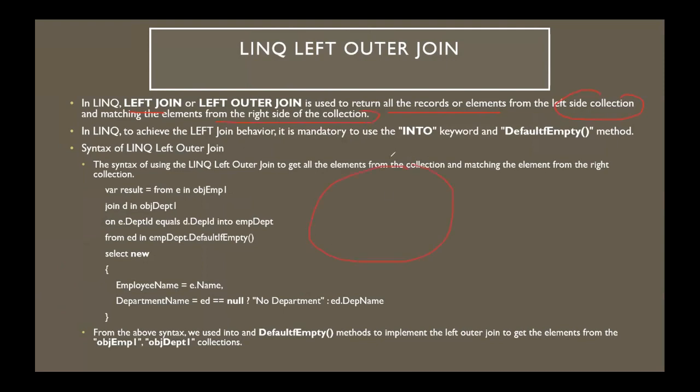So you have these two entities out here. You have 1, 2, 3, 4, 5, and you have 1, 2, 3, 4. So what are matching from the left hand side? 1, 2, 3, 4 are present in this. So that will be the common result of the left outer join. The left hand side collection is taken and we will check whether the items are matching with the right hand side or not.